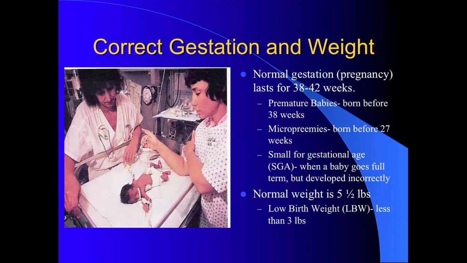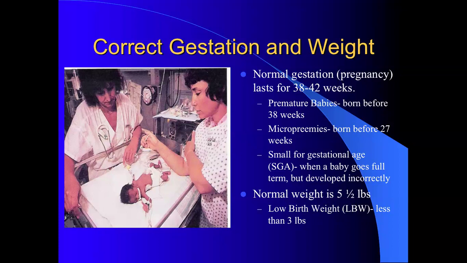Now, they're not always correct. Some people are not always careful at attending to when their menstrual cycles started, so sometimes it's off a little bit. We also have the fact that some people will give birth early or late.